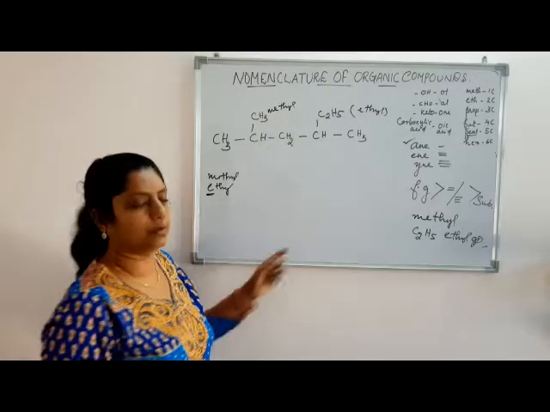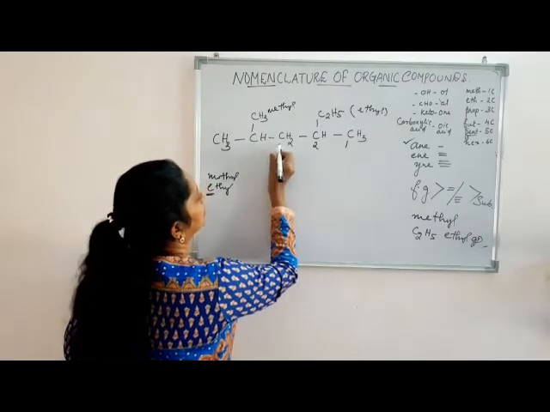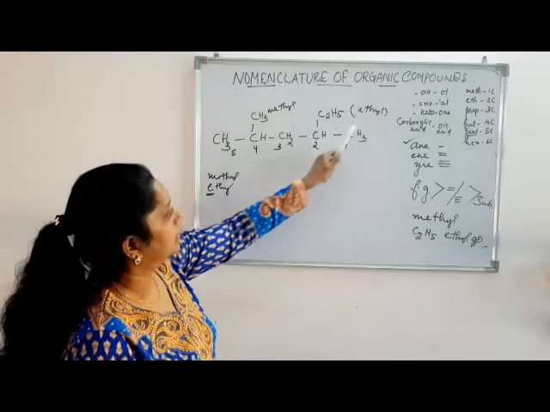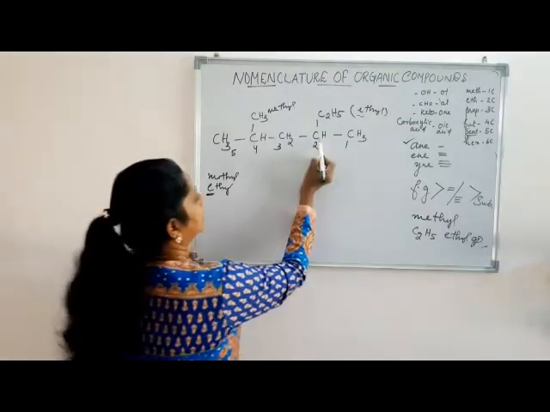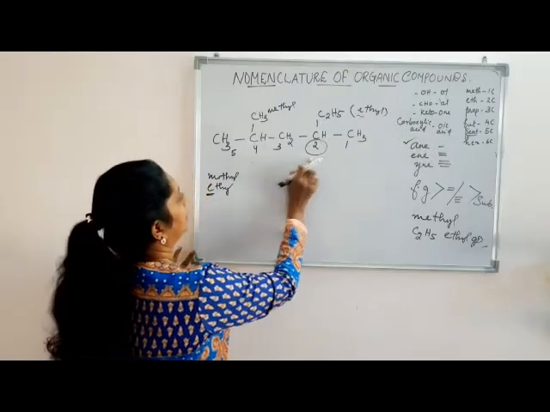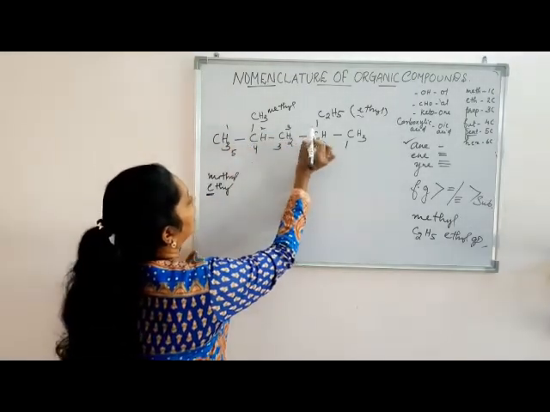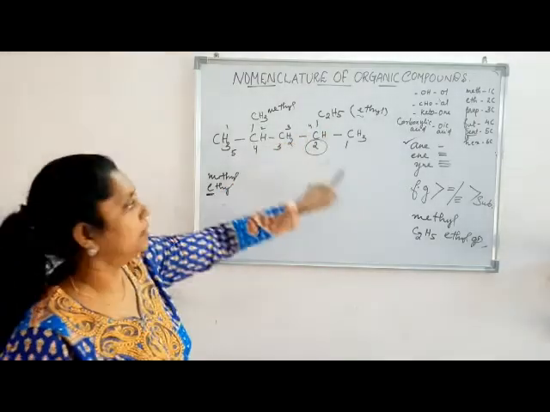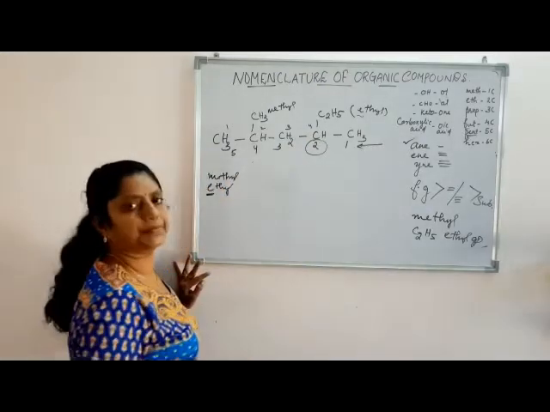So the numbering should be from this side: 1, 2, 3, 4 and 5, so that the ethyl comes first. Please get the lowest number 2. If we are numbering from the other side, then 1, 2, 3 and 4, and this carbon atom will get the 4th number. So the correct order for numbering is from this side.